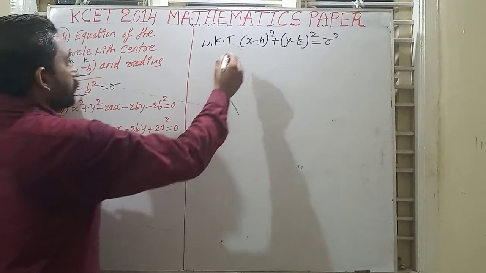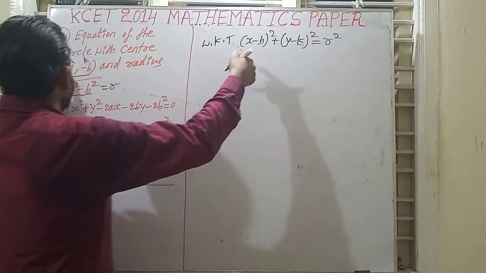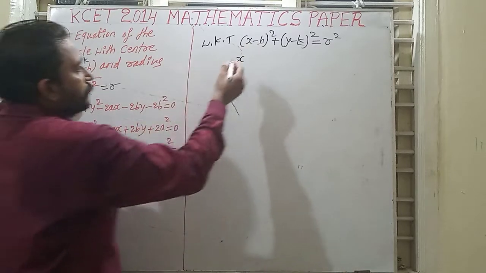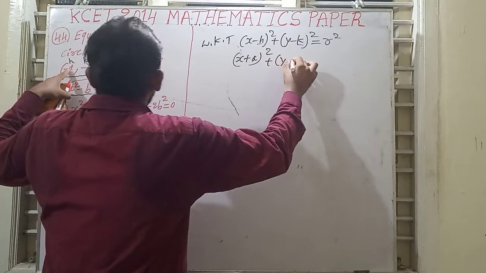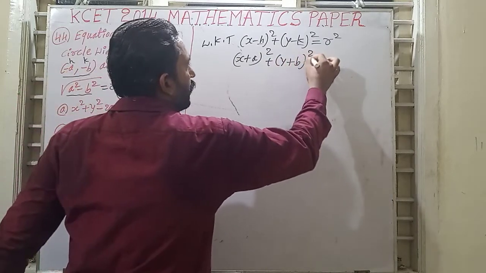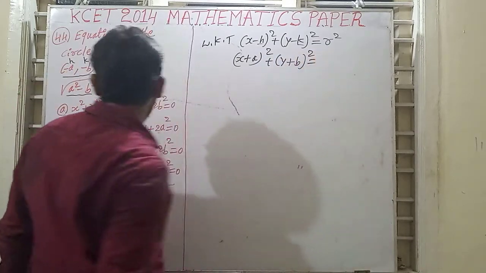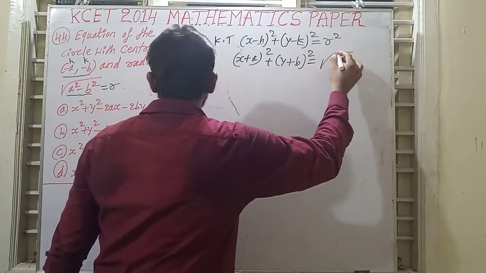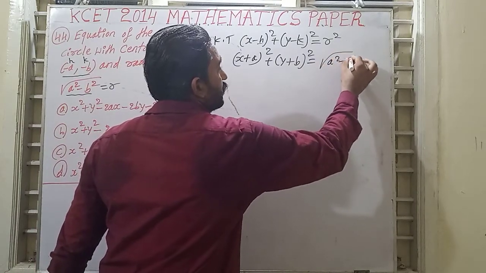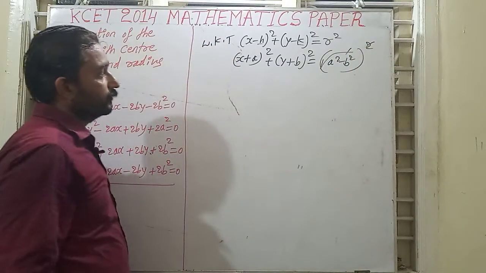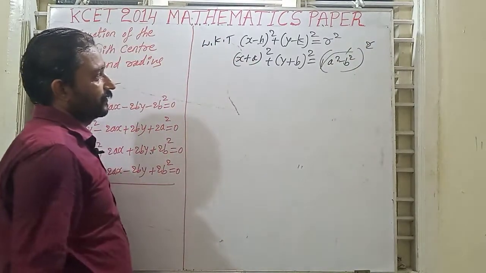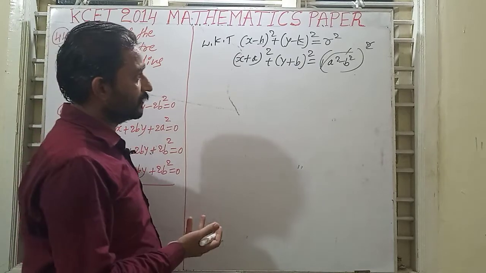So x, here minus h is there. In the place of h, minus into minus, plus a whole square, plus y plus b whole square, is equal to r value, square root of a square minus b square whole square, the square and square root removed. So x plus a whole square and y plus b whole square.